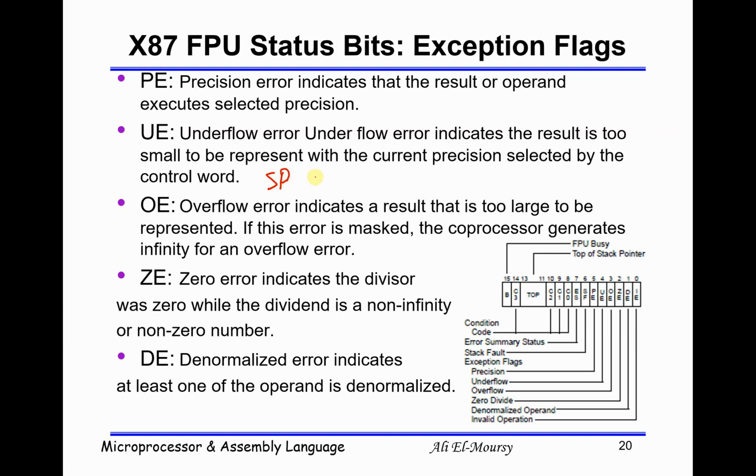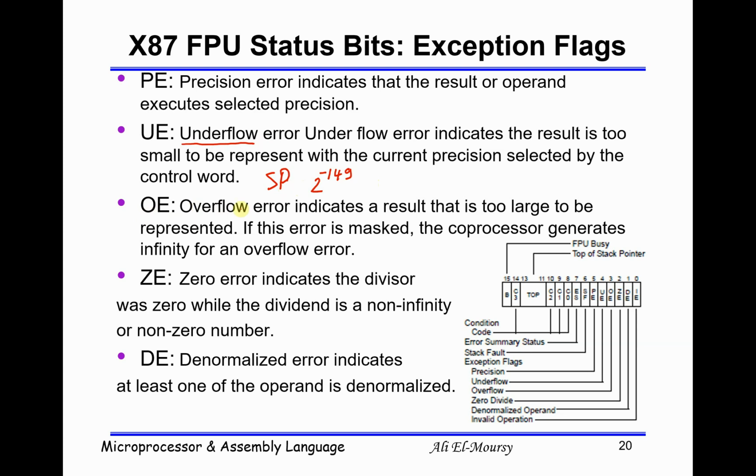The minimum number to be represented, if you still remember, is 2 to the power minus 149. If the number that is generated is even smaller than that, that means you have an underflow exception. That means the number is smaller than the number that you can represent by single precision. So you may go to a higher precision to execute your instructions.